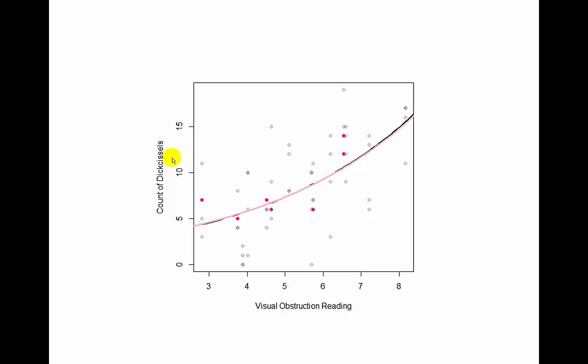And then if we made the same prediction, now what we're doing is using that sequence of visual obstructions and the median values of PC2, we can get that pink line. You'll see that it's slightly different, although not that different, from the original fitted line that used all of the data. But we can go farther.